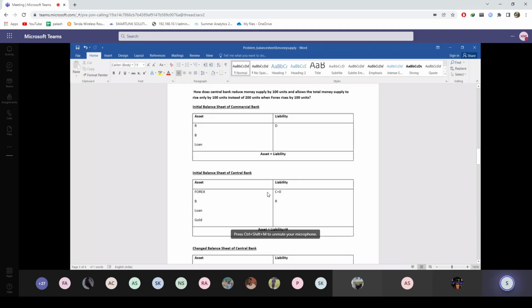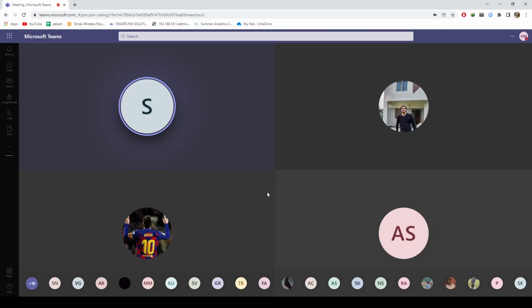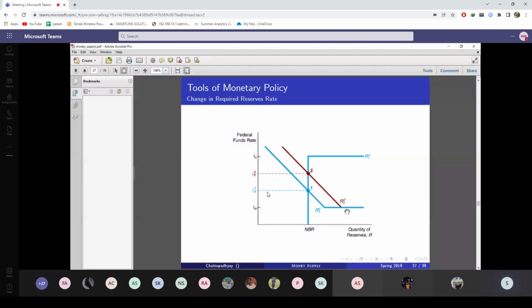उसका भी एक graphical exposition होगा. It also has a graphical exposition. If I go over here, ये है उसका graphical exposition, required reserves का.